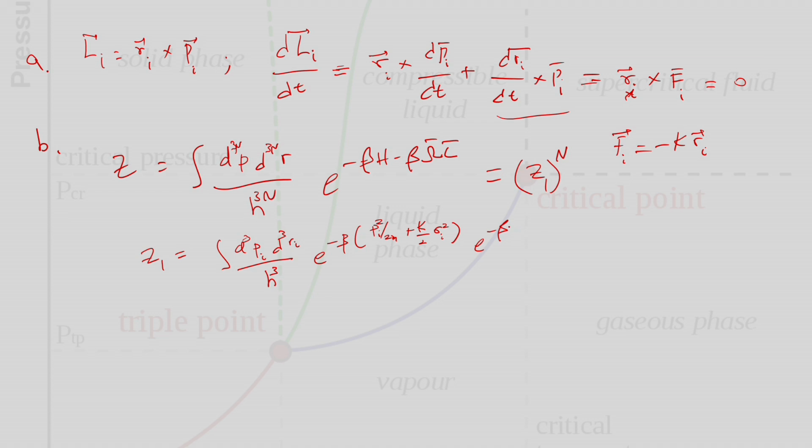Remember that we have chosen omega to be in the z direction. So, it is going to be Liz, and what is Liz? It is xi pyi minus yi pxi. So, now I am called upon to evaluate this integral.